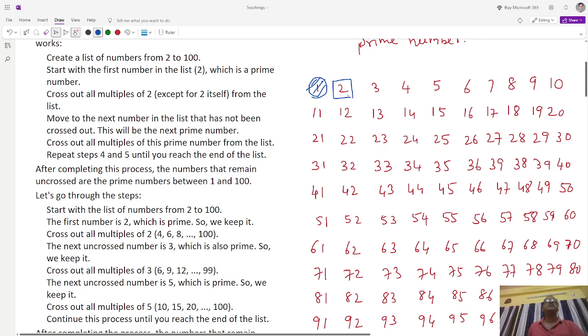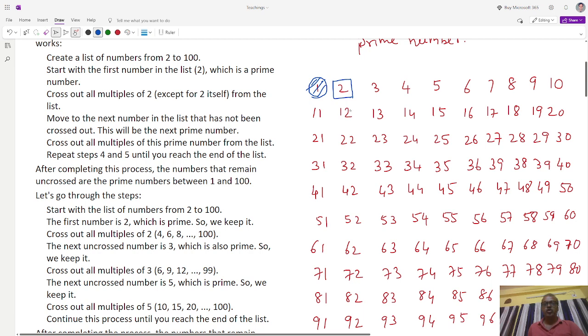Okay. After that, cross out all multiples of 2 except for 2 itself from the list. If we read out the table of 2, then we get the multiples of 2, and we know that all even numbers are multiples of 2, or all even numbers are exactly divisible by 2.